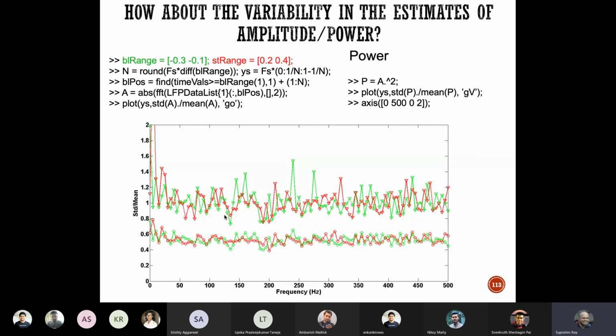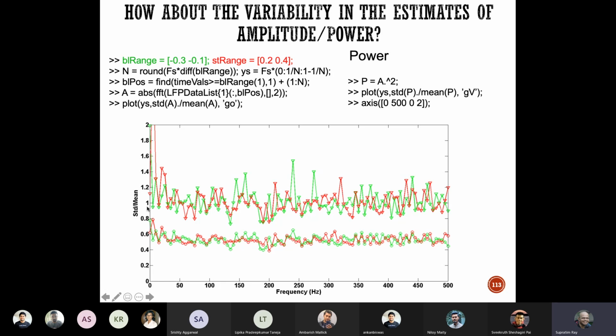And it seems to be not determined or governed by the biological signal that I'm computing the FFT of. It seems to be governed by something else. Turns out this variability, the standard deviation, is quite high.